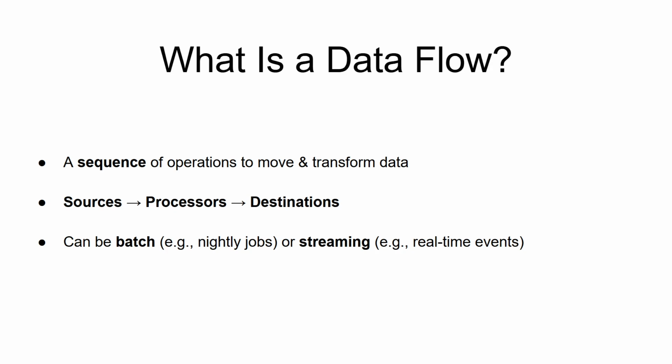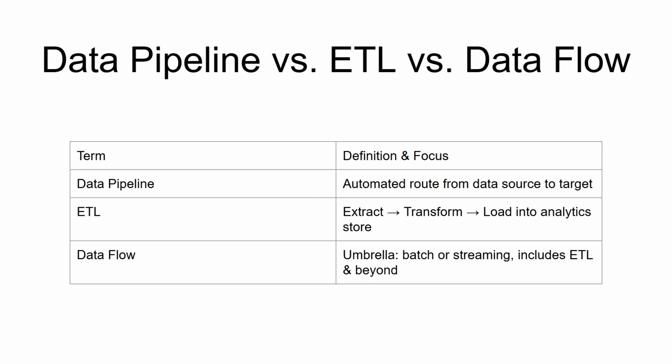So let's clarify some of the terminology you will often see: data pipeline, ETL, and data flow. A data pipeline is any automated route that shuffles data from A to B, no frills, just transport. ETL, which stands for extract, transform, load, is a specialized pipeline pattern.